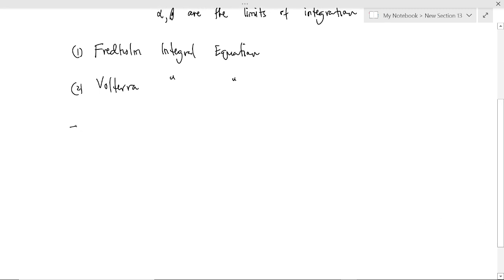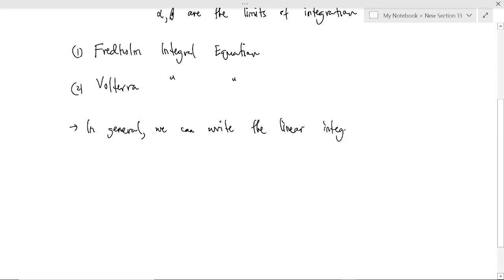But before we proceed with these integral equations, let me just define very briefly, and insert this notation here, that in general we can write the linear integral equation. Now this is for linear integrals.